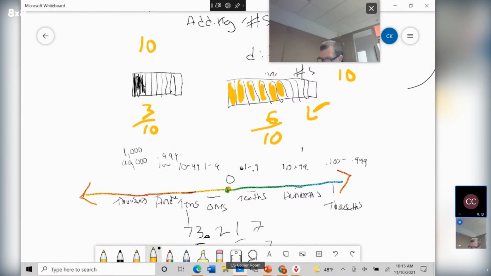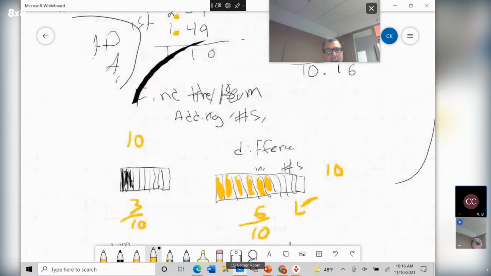Finding the sum means you're going to add the numbers together. Finding the difference means you're going to subtract the numbers. Finding the quotient means you're going to divide. And finding the product means you're going to multiply. So you know how to do the decimals and the fractions, but sometimes we're not sure exactly what those words mean. That's why I wanted to go over those.